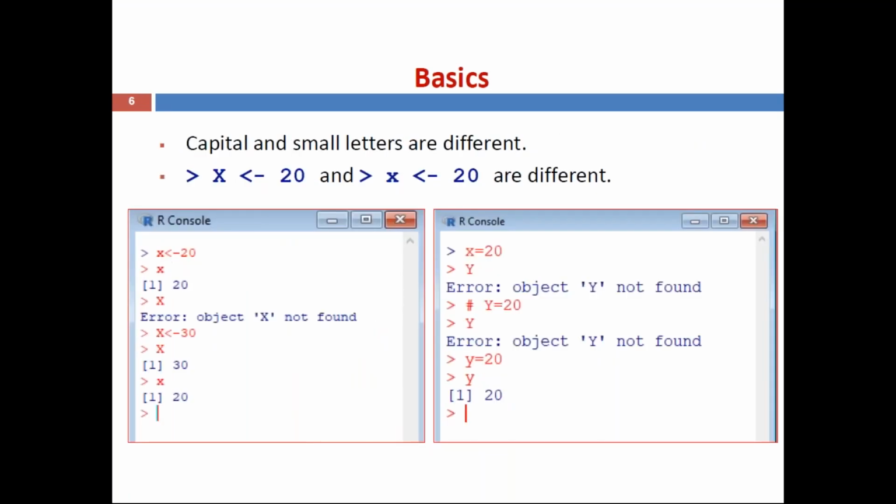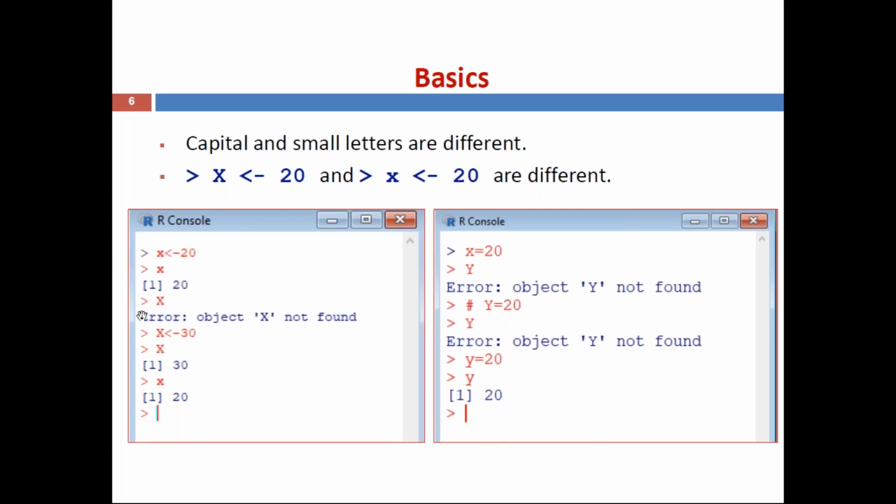Then coming to one important point, R is case sensitive. For example, here capital X is not the same as small x. For example, capital X equal to 20 and small x equal to 20. Both are different. How are these two different? You can see here. First I assigned 20 to x, then I called x. Now 20 is displayed.